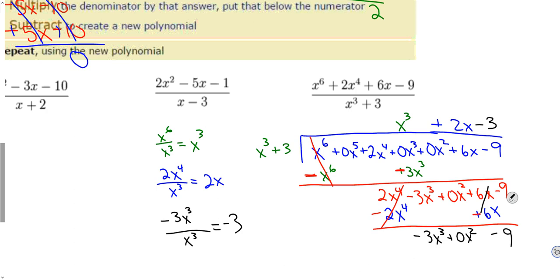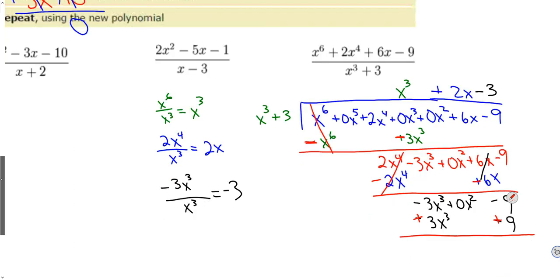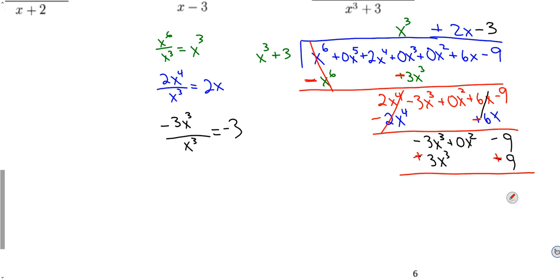So I have negative 3x to the 3rd, and negative 3 times positive 3 is negative 9. And then we change all the signs. So that turns to a positive, that turns to a positive, and we do this last part. This cancels, and 0 is gone, so it actually went in perfectly. So it's a factor of that big, long x to the 6th problem.